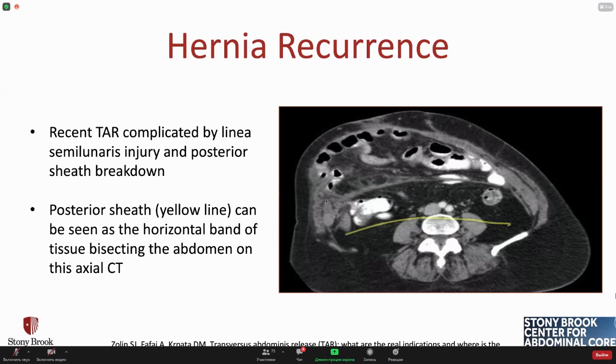Because if you look at this yellow line here, this was all the posterior rectus sheath, and this is herniated actually above it. We can see all the abdominal contents are sitting on this posterior rectus sheath as well. All right, so it gives you an idea again by looking at the CAT scan in terms of what procedure was done, and then also the complication that the patient is having.